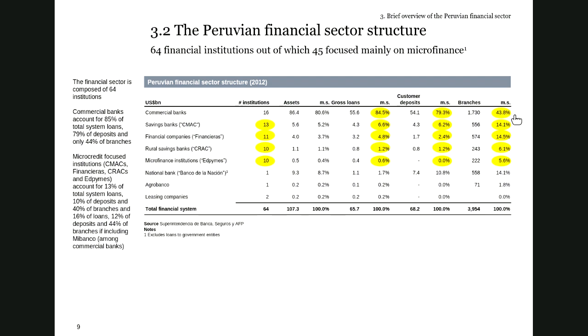So here you see that there are many branches that belong to savings banks and financieras, for example, but besides holding a large percentage of branches or offices, their market share in terms of loans and deposits is very low compared to what commercial banks hold, okay?